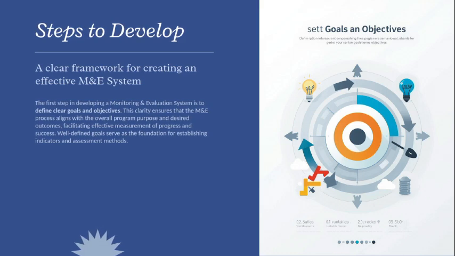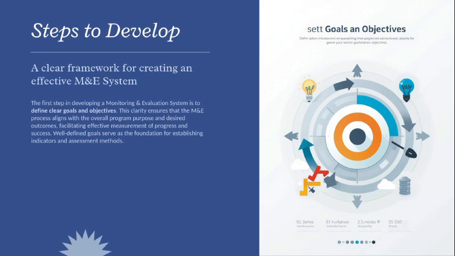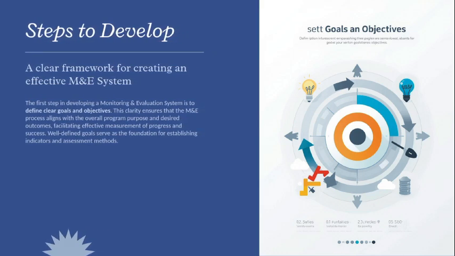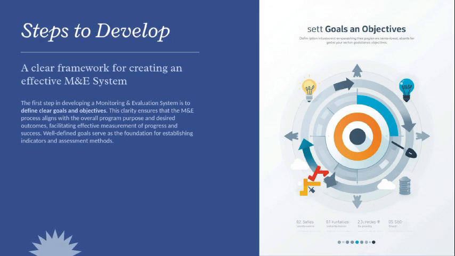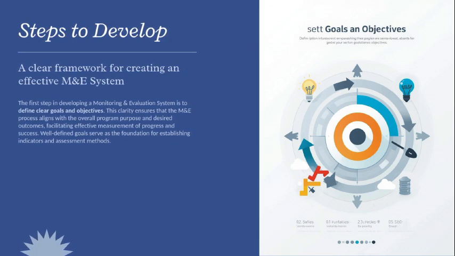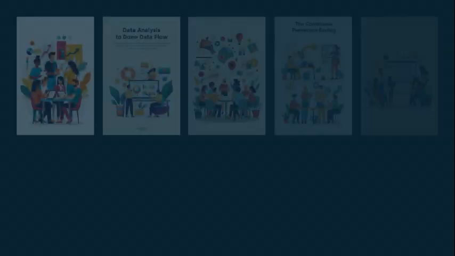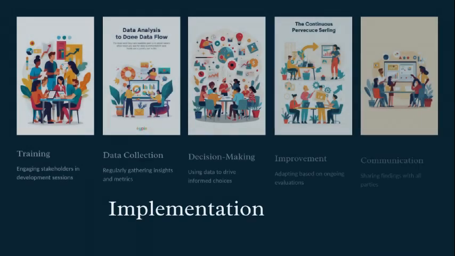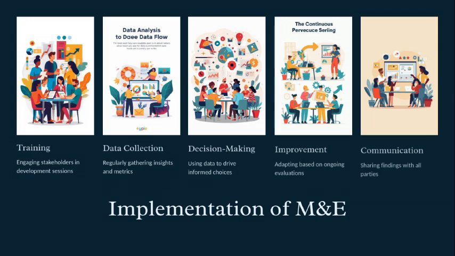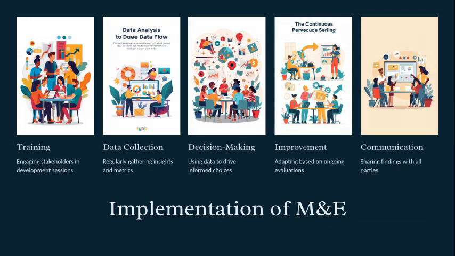A good M&E system also defines clear roles and responsibilities so that everyone understands who is collecting data, who is analyzing it, and who is expected to use it. It is at this stage that organizations usually identify capacity needs, such as staff training or software requirements, and allocate adequate resources to support the system.